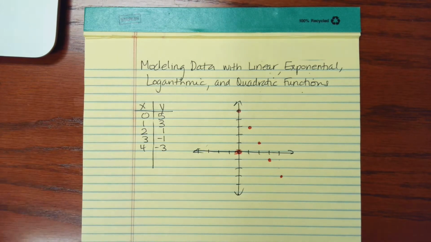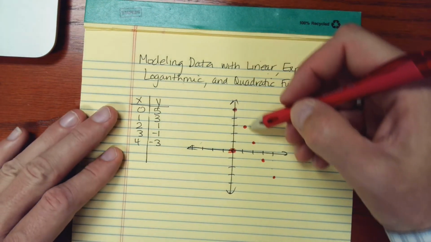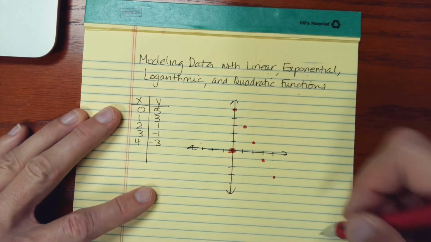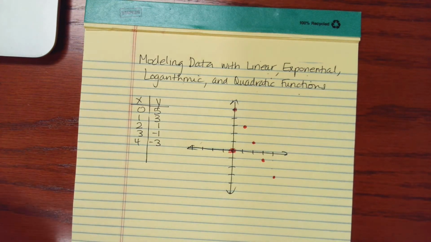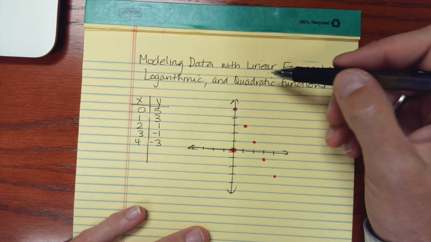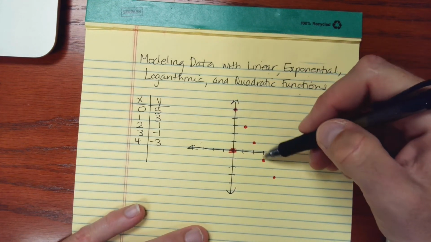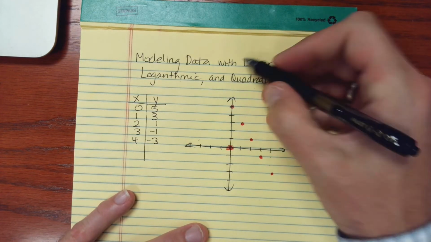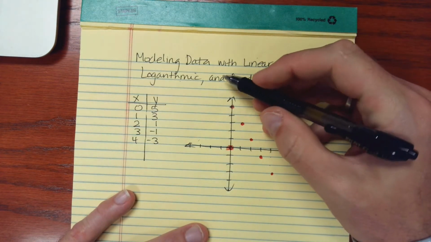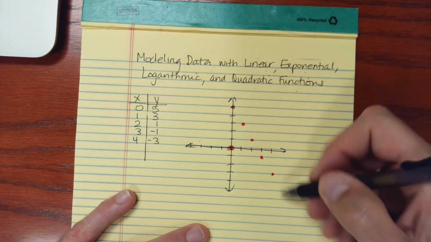So notice that these points seem to line up. And so when I say that I'm going to model, I'm going to try to choose a function with a graph that is going to come as close to these points as possible. And so in this case, a linear model is going to be able to approximate the pattern in this scatter plot.